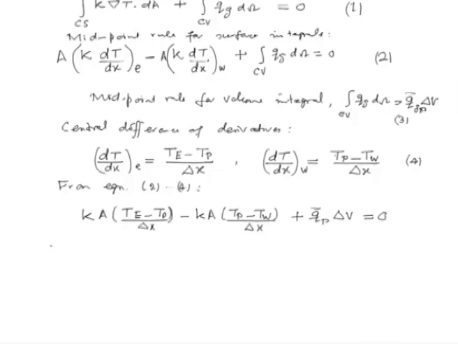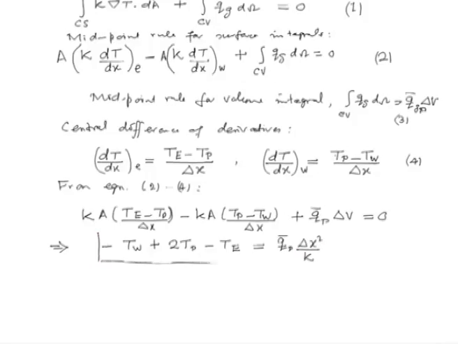Let us simplify this expression. We can divide by K A, multiply by delta x and rearrange the terms. So, we will get minus T W plus 2 T P minus T E is equal to Q P bar delta x square by k.